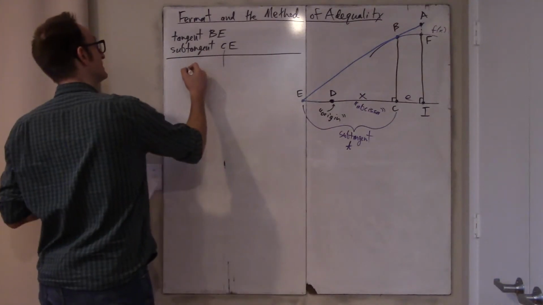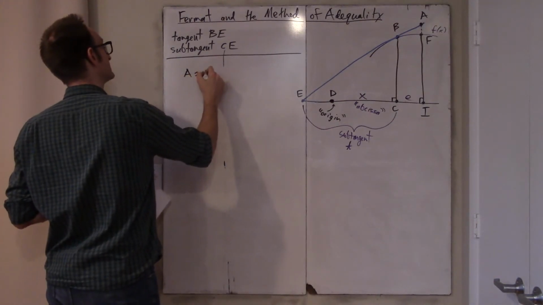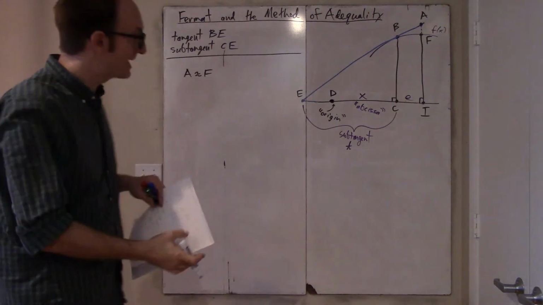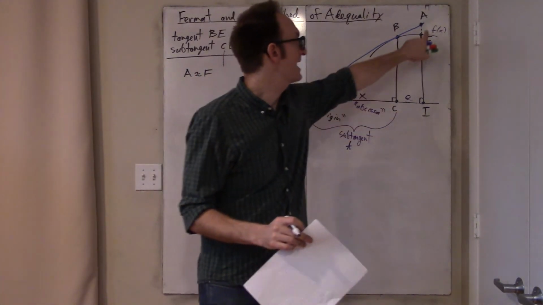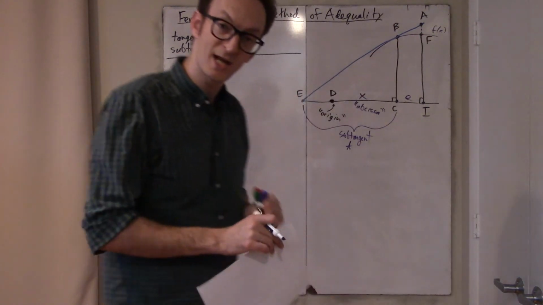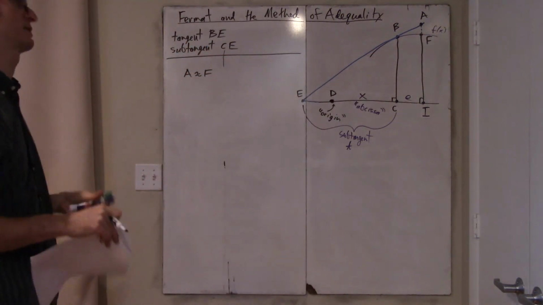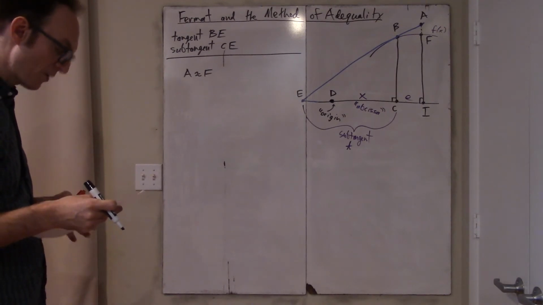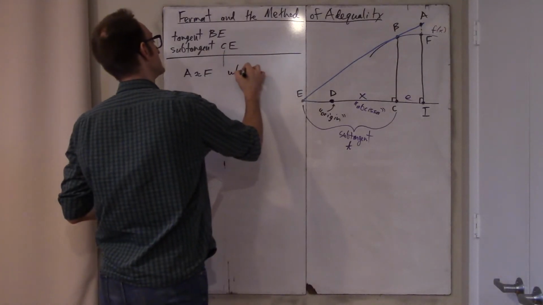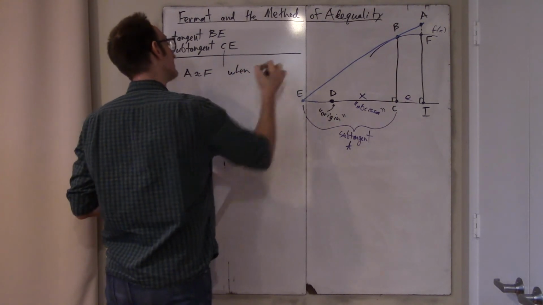A is pretty much just F, right? This is the key idea. As long as I is negligibly close to C, then A is negligibly close to F, because that's kind of what tangent lines do. They're pretty close to the curve. And okay, so that's kind of nice. And so now I'll just say this is true when E is pretty much 0.